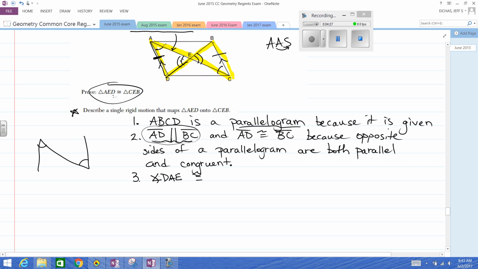Let's keep going. That one is congruent to, again, let's establish the three-letter path, D to A to E. We're looking at B to C to E, angle BCE. Because of the alternate interior angles theorem. I will write that out though: alternate interior angles are congruent when parallel lines are cut by a transversal.